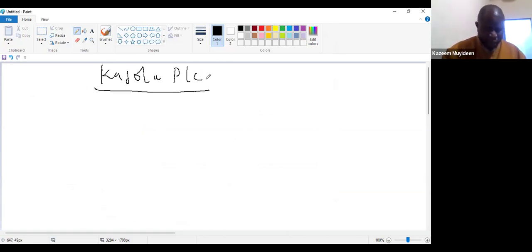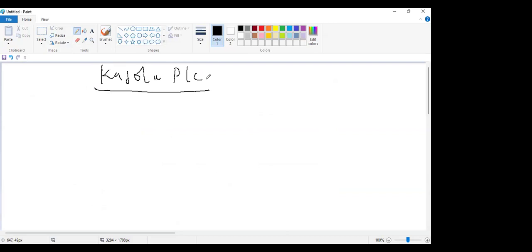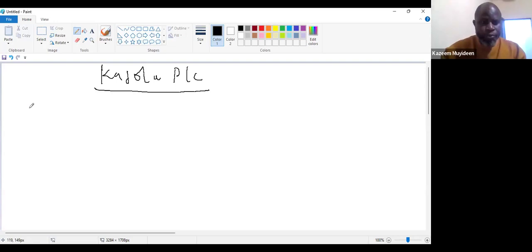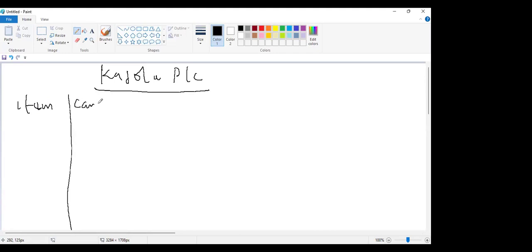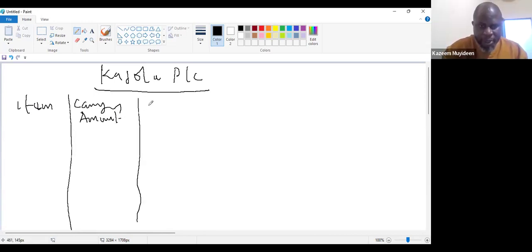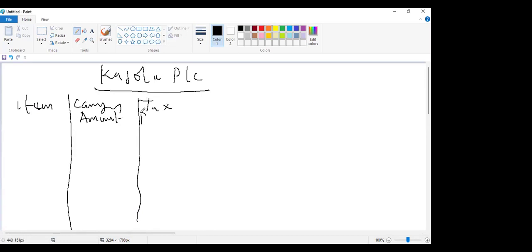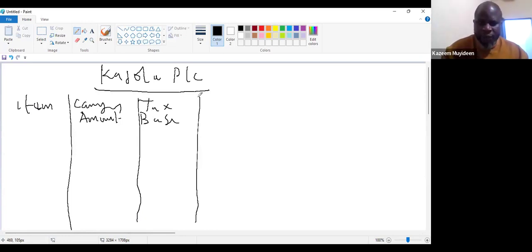Don't forget, we are still dealing with deferred tax. We have not done with the current tax and the combination of the question. So they give me items. They gave us the carrying amount. They gave us the tax base. And we have a temporary difference.